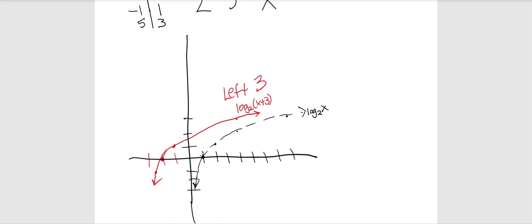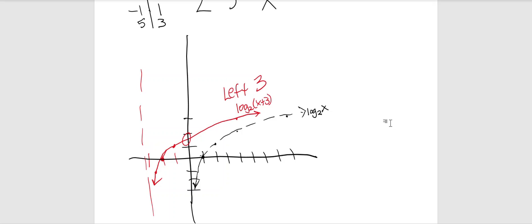The shape of the curve still has that vertical asymptote, except that vertical asymptote has been moved left 3. I now cross the y-axis because I shifted the function left 3. So typically I have a vertical asymptote at x equals 0, well, now I've shifted my function to the left, moving the vertical asymptote to the left 3.